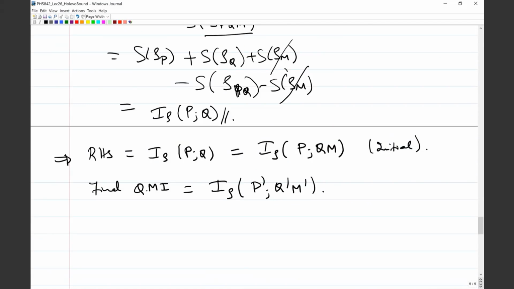So we are now going to use two statements. So we're going to invoke two properties of the quantum mutual information. Calling them 1, 2. Okay. So A, we'll note that the QMI, which is quantum mutual information, does not increase under a quantum operation.